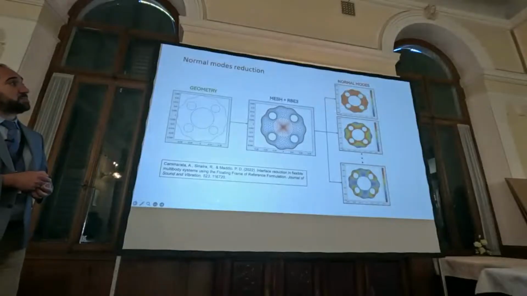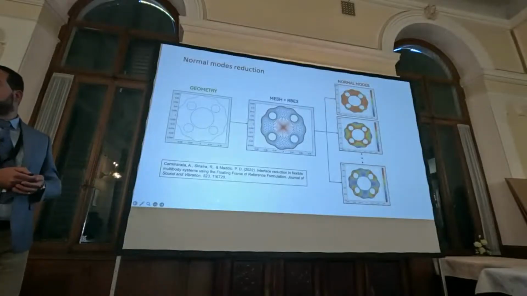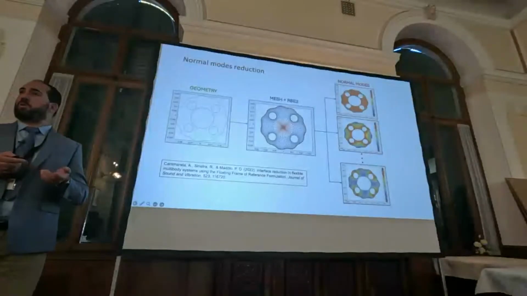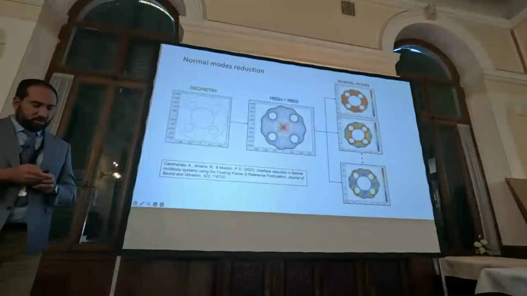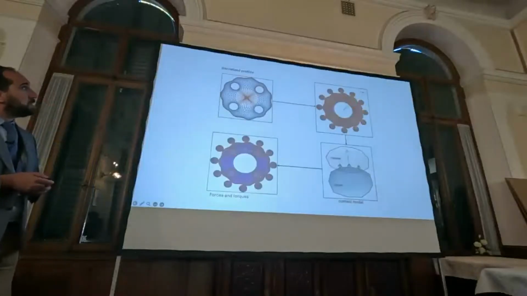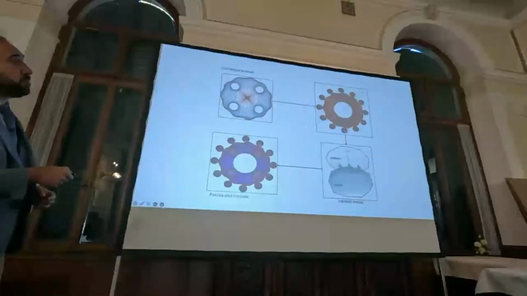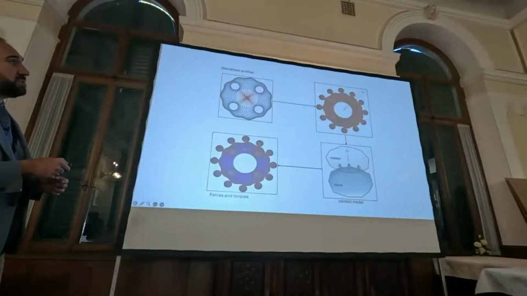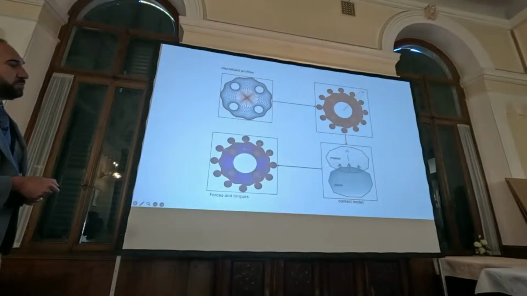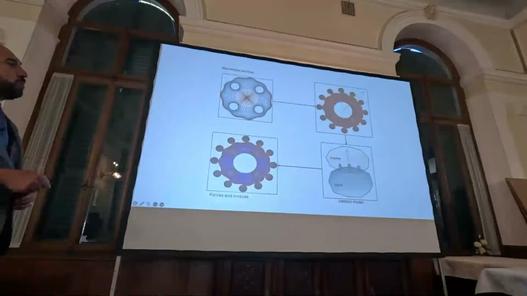I only selected normal modes in this case, but you can also choose static modes or other types of modes. After that, you assemble your system, including all joints, and you compute the contact model, and you give the forces and torques. This is what happens in one iteration of my system.